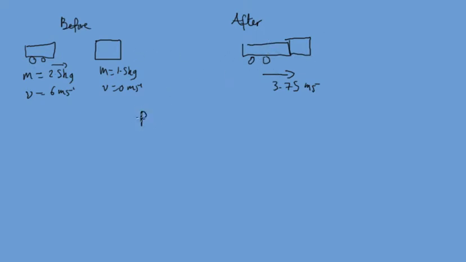So the equation for momentum is small p, and momentum is mass times velocity, where mass is in kilograms and velocity is in meters per second. So our units for momentum are kilogram meters per second.